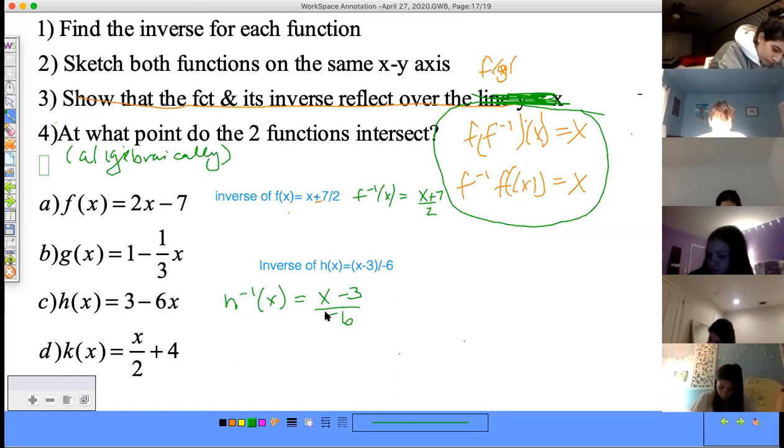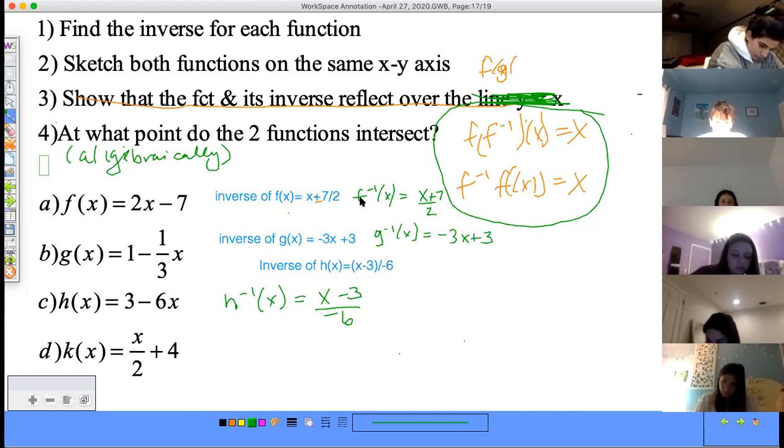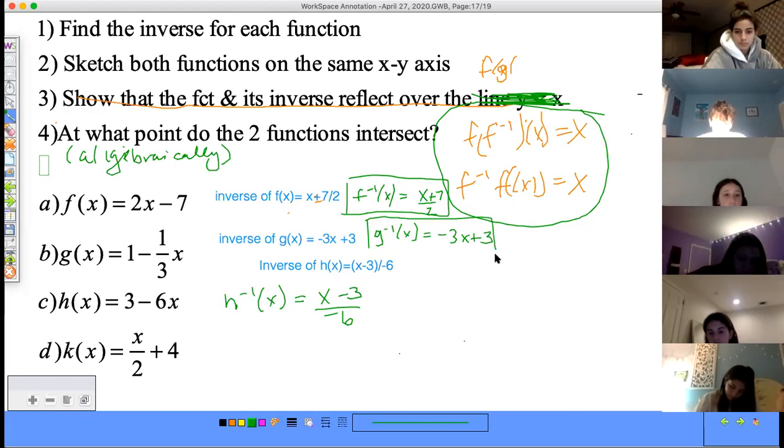We're going to clean that up. I don't like that there's a negative 6 down there. That bothers me. And then you got g inverse. Okay, so then g inverse of x is equal to negative 3x plus 3. All right, so these should be the inverses for A and B. Here is C, which I'm not in love with. I would like to see it as this.